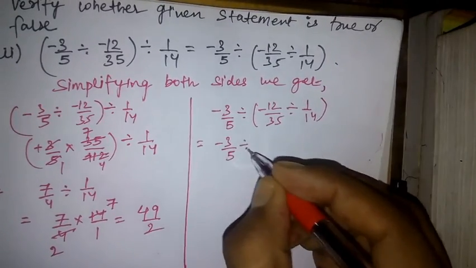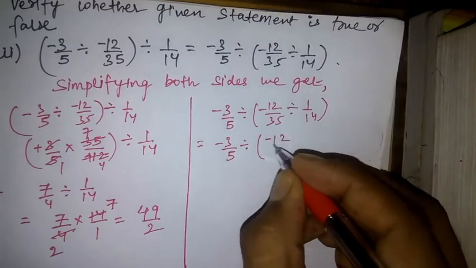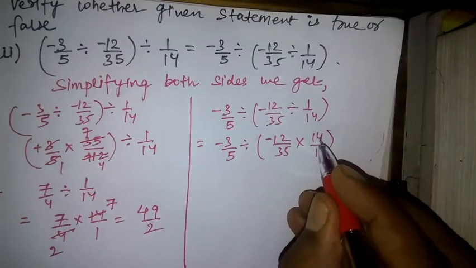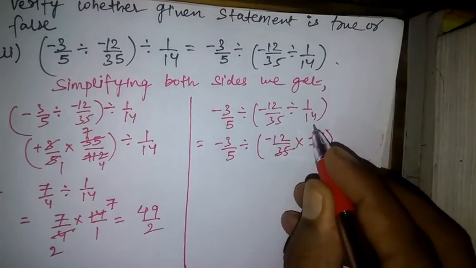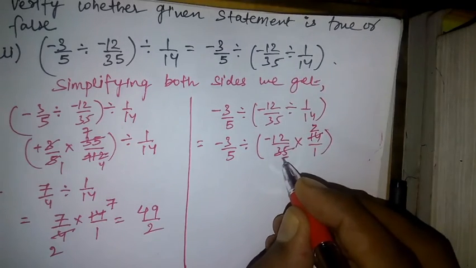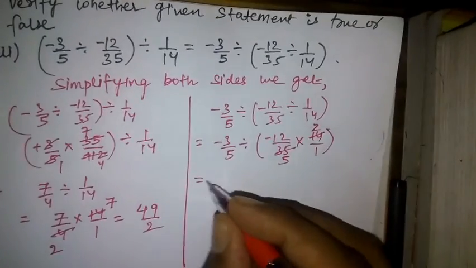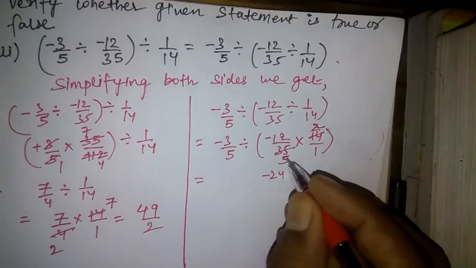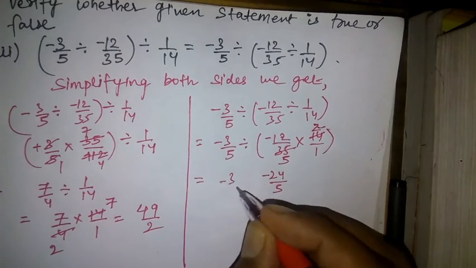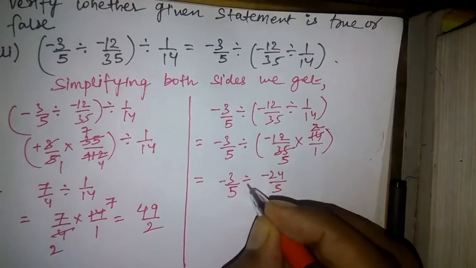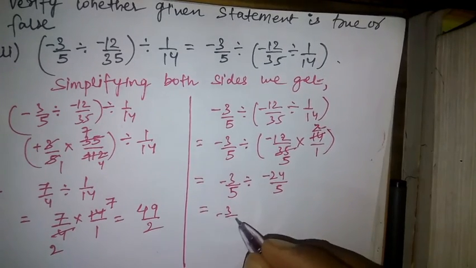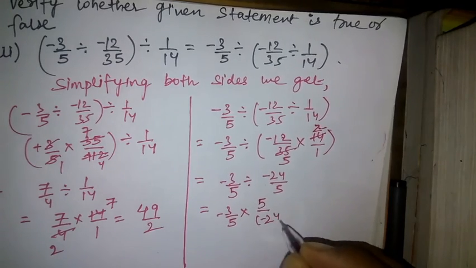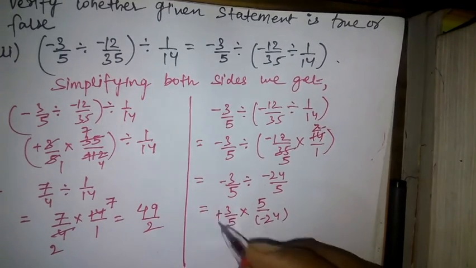Minus 3 by 5 divided by minus 12 upon 35 into 14 upon 1. Cancelling it by 7, here we will get 2, here we will get 5. Minus 12 into 2, minus 24, and 5 into 1, 5, and minus 3 upon 5 into 5 upon minus 24.